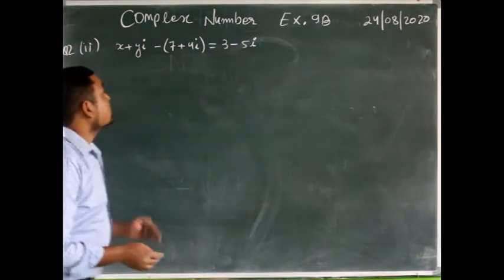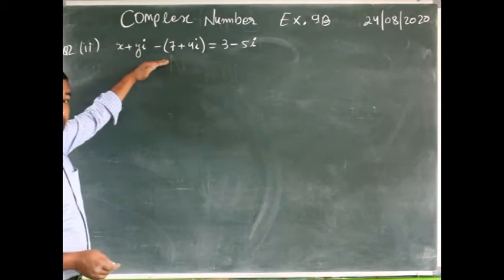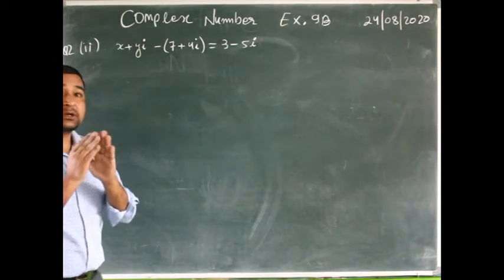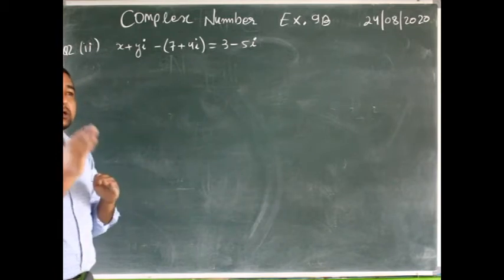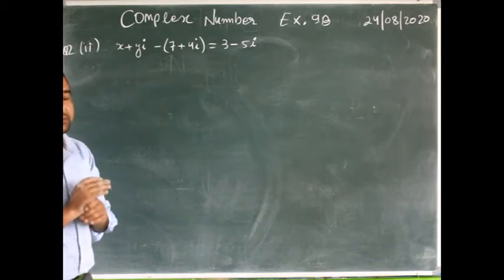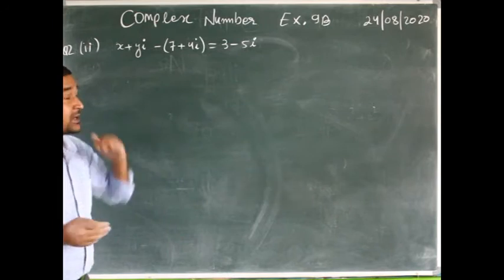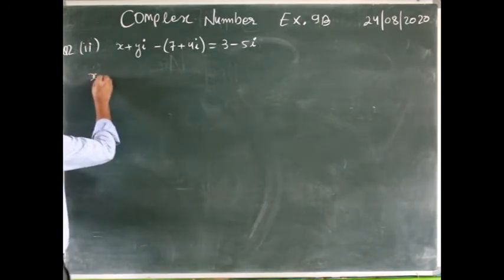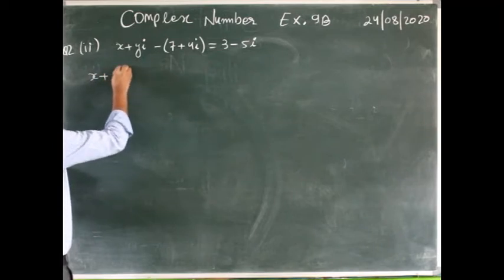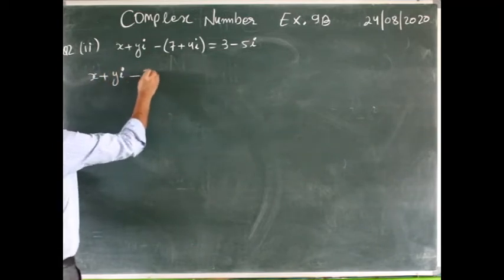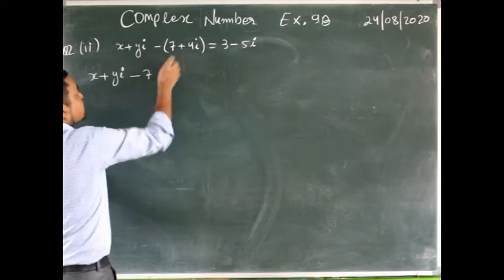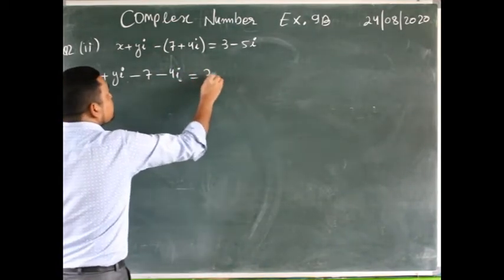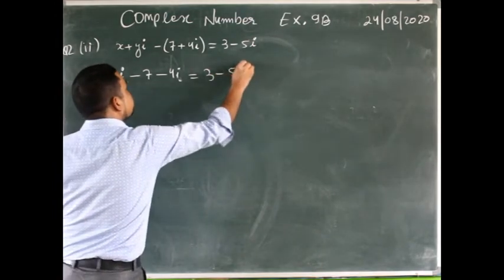Now first simplify this one. Simplify this expression, and we equate the real and imaginary parts separately to solve this kind of equation. Now let me do it. x plus yi minus, plus minus 7, minus, plus minus 4i equals 3 minus 5i.